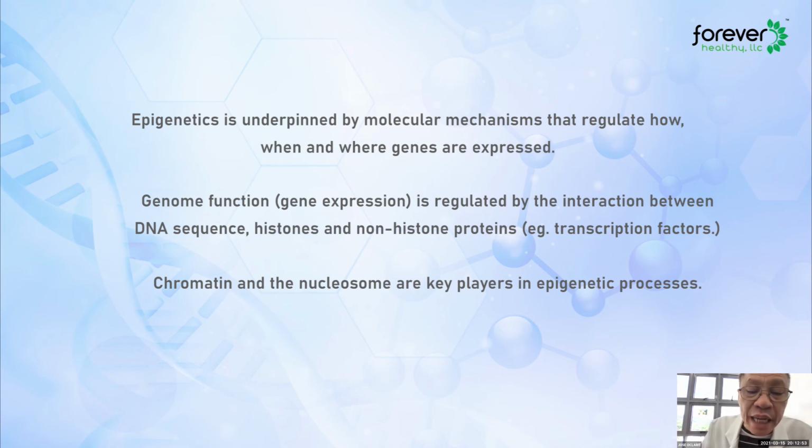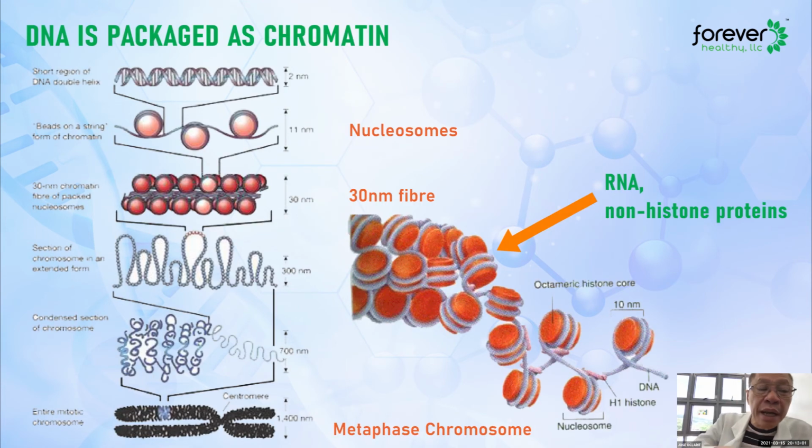So the chromatin and the nucleosomes are the key players in the genetic processes. You see there, every package there is a histone, and that histone has a particular factor to unpack them, to modify them, to locate them, and to determine when, where, and what type of proteins can be produced from that particular recipe.